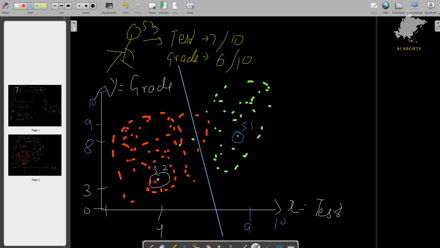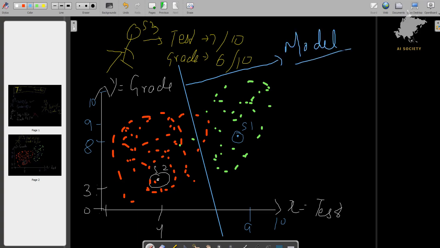There is some room for error, like these red points and these green points are the errors which were wrongly classified, but this is the perfect fit line that separates the green part and the red part. That means the accepted students and the rejected students. Simple. So according to this model fit, this is called our model. This is what the whole machine learning engineers' work is, fitting a line.